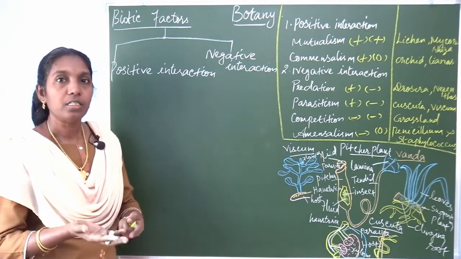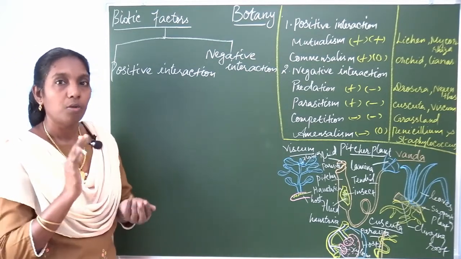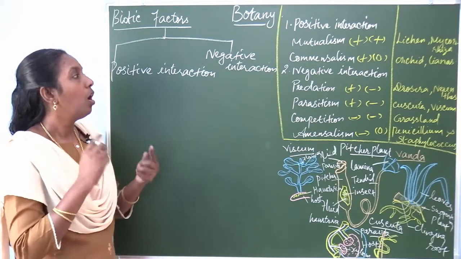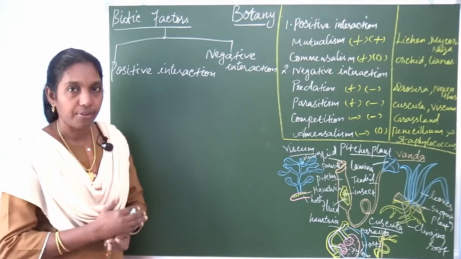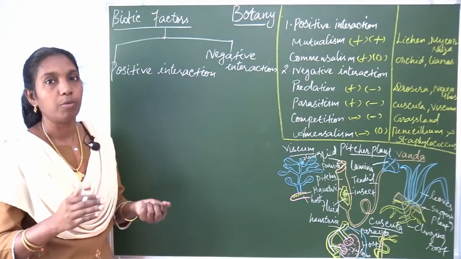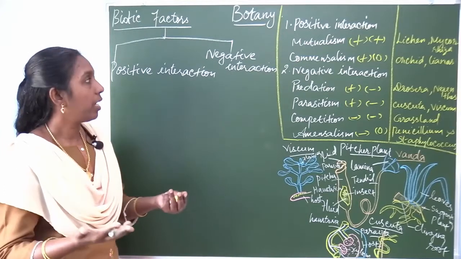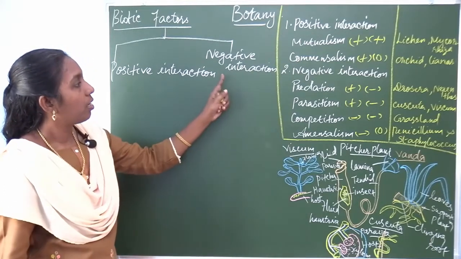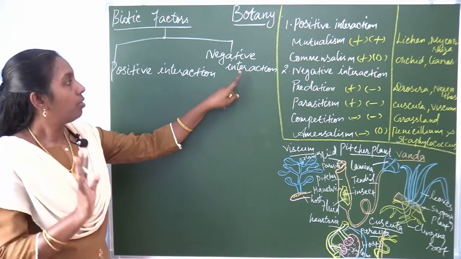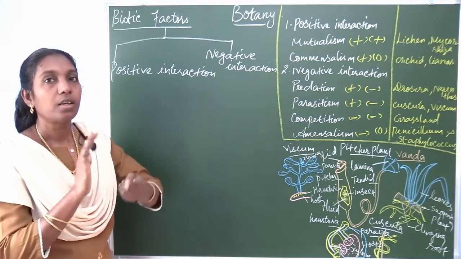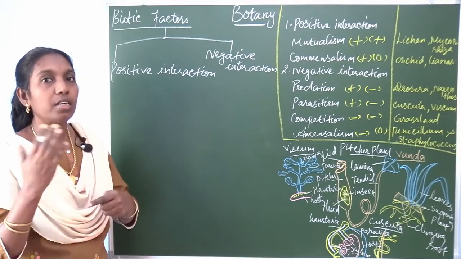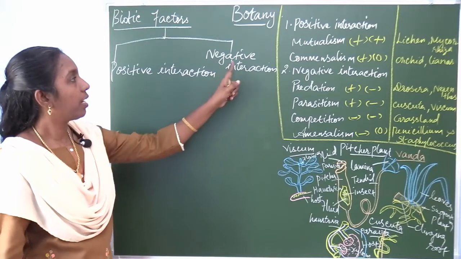Negative interaction: in the interaction between two organisms, one is affected, and the other is neither affected nor harmed. One is benefited, and the other is neither benefited nor harmed, that is negative interaction.